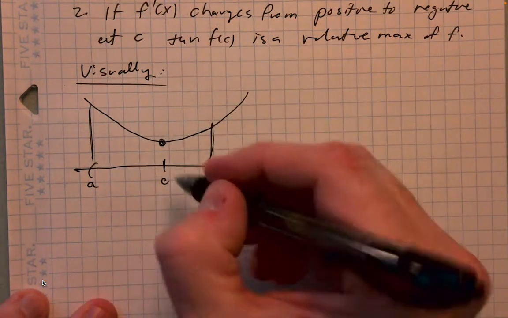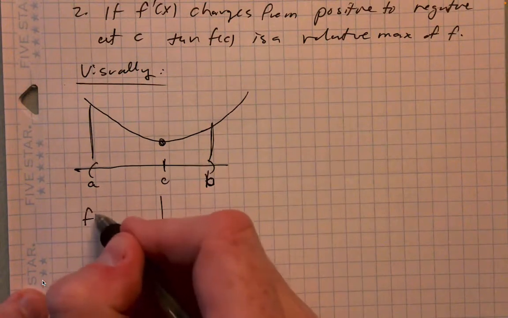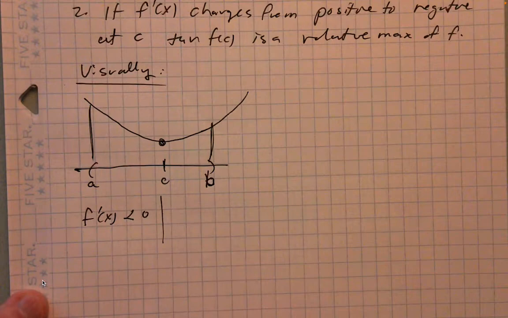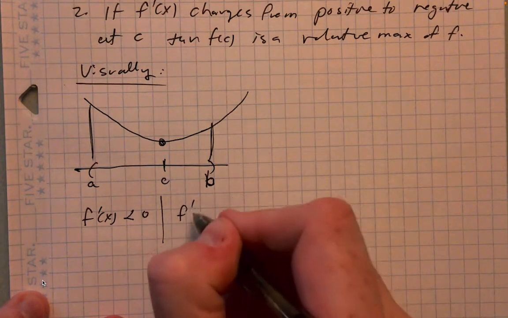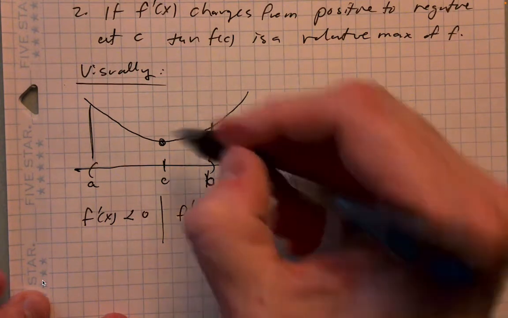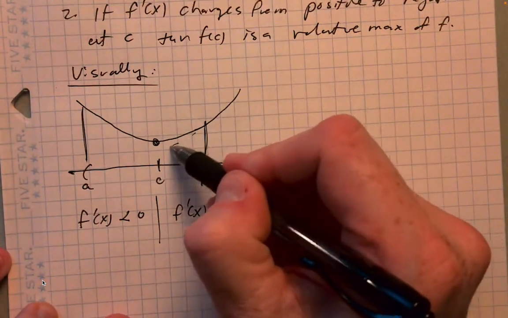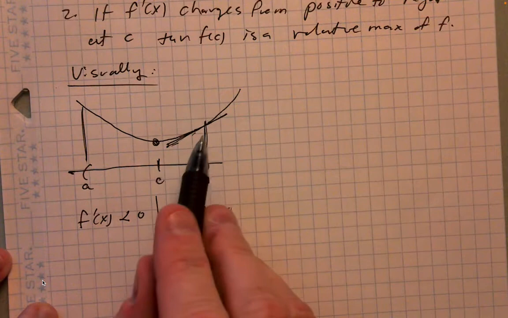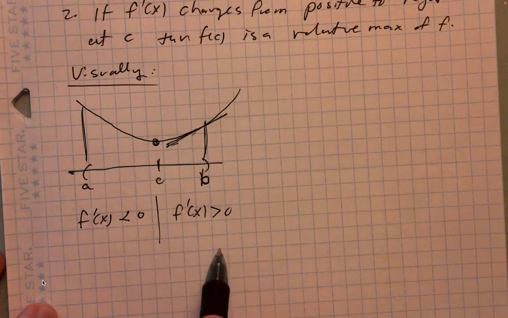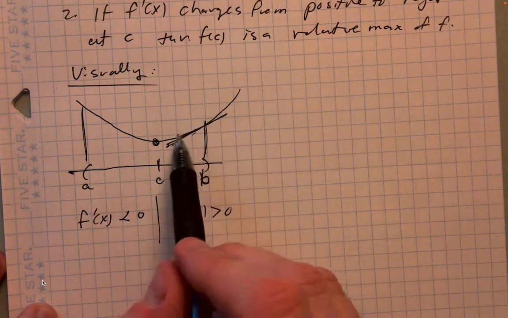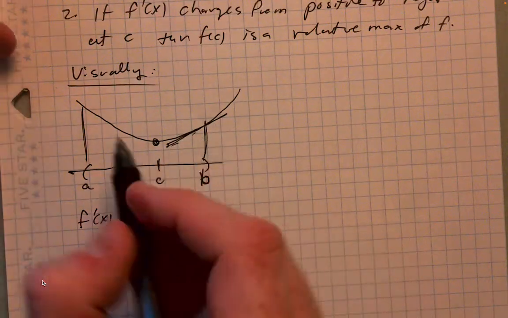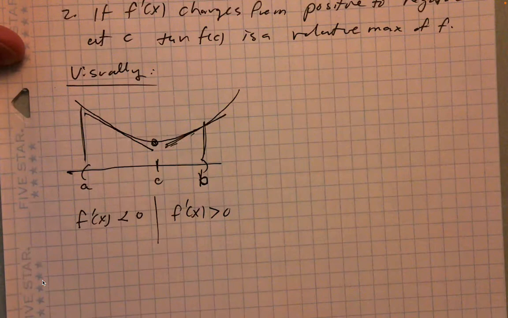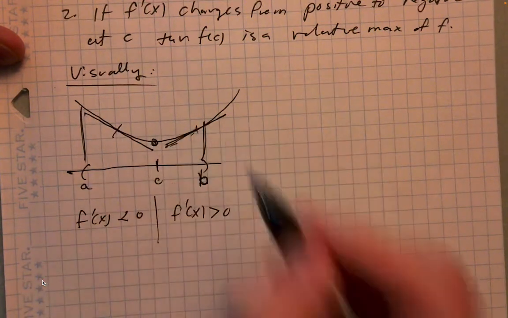On this side, f prime of x is going to be less than 0. On this side, f prime of x is going to be greater than 0. Now, what do we mean by that? Well, if you imagine a tangent line here, the slope of that tangent line is negative. Or sorry, the slope of this tangent line is positive, so it's heading up. If I have a tangent line on this side, the slope of that tangent line has to be negative.